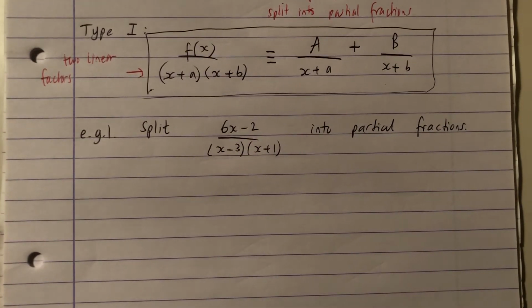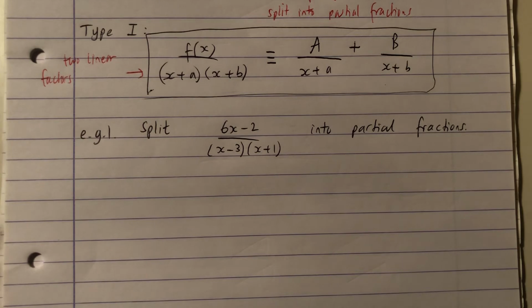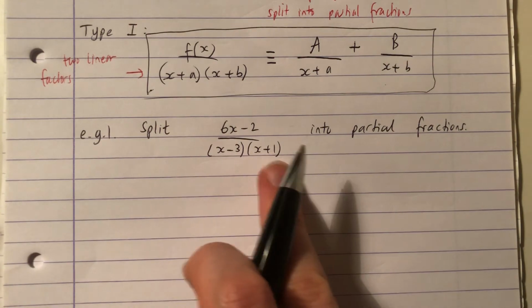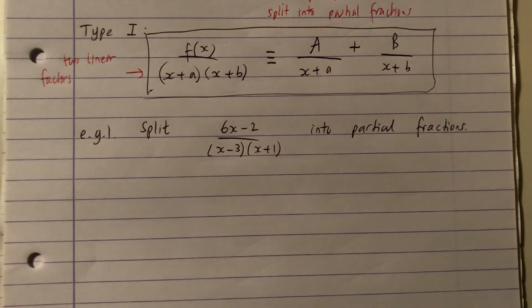So firstly, the question will look like this. You've got to split a simplified fraction into partial fractions. You would identify there's type 1, two linear factors on the denominator.